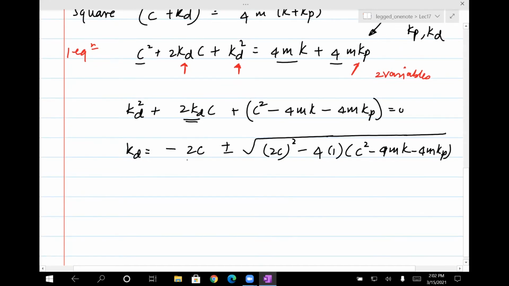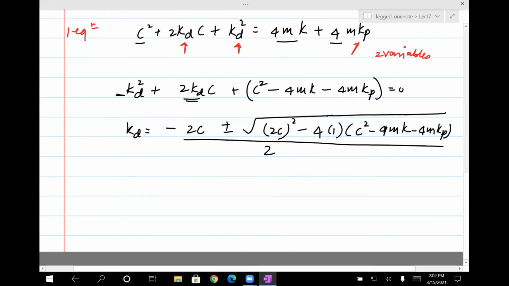And then you divide it by 2 times the first term, which is 1, so 2. So if you solve this equation for the two roots, you get minus c plus or minus 2, sorry, there should be 2 on the outside, and then there'll be m times k plus kp.